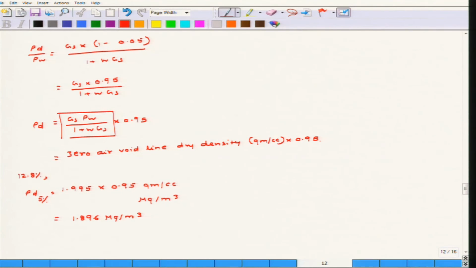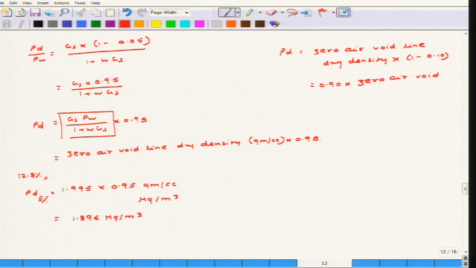Now similarly for 10%, rho d is equal to the zero air void line dry density into (1 minus 0.10). So it is equal to 0.90 into the zero air void line dry density in gram per cc.